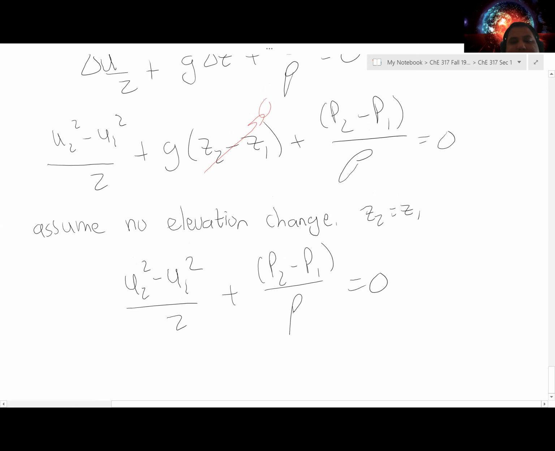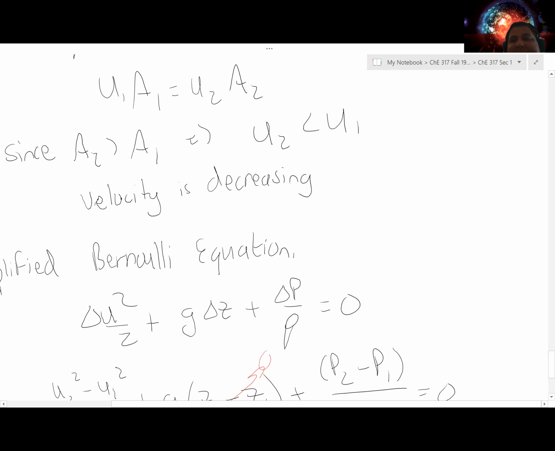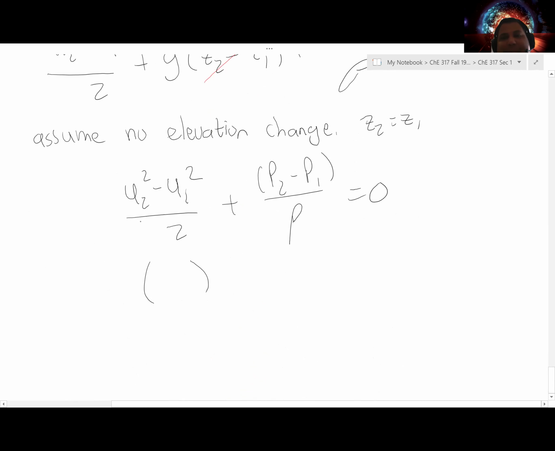equal to 0. So we already found by the continuity expression that the velocity has to decrease, right? So is this first kinetic energy term going to be positive or negative? It should be negative. So what does that tell us for this second pressure energy term?